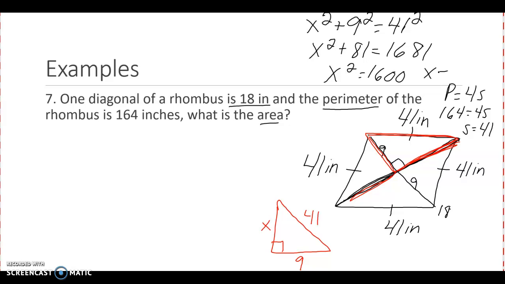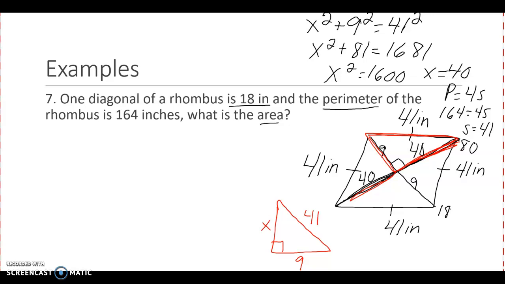And when I take the square root, x is 40. So on my rhombus picture, each part of this diagonal is 40, making the entire diagonal 80.